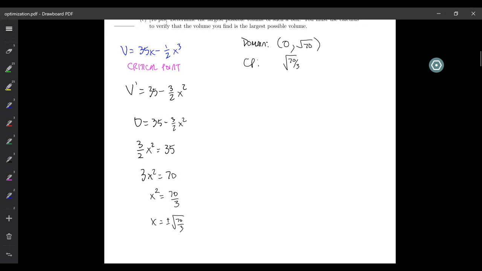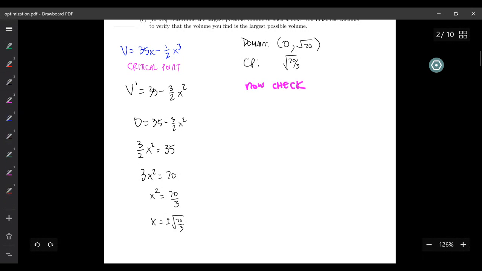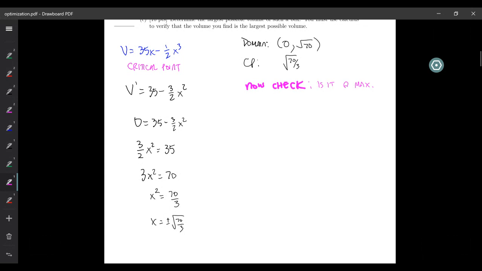And so there's a couple ways to check that this is a maximum. Right? A critical point could be a maximum, could be a minimum, could be not an extremum. And so in this case, what I'm going to do is use the second derivative test. This is a negative 3x. That's my second derivative.